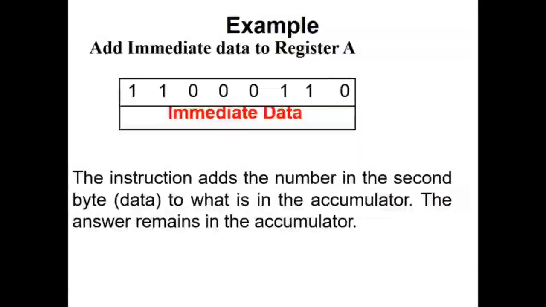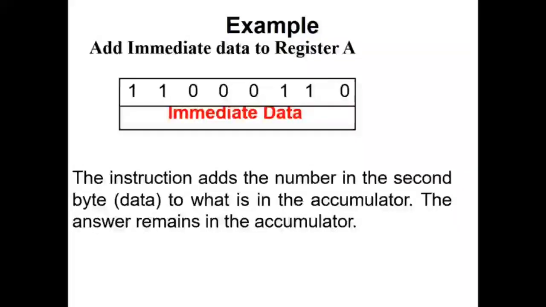Okay. So let me repeat this one. The last thing we did, we have D plus 5 equals E. In other words, add the 5 to what is in register D and put the answer into register E. Now, we have so far seen 2 formats for adding.